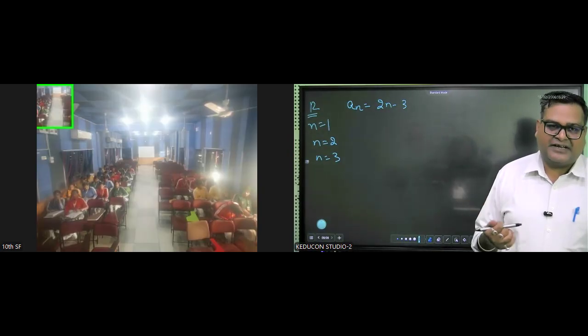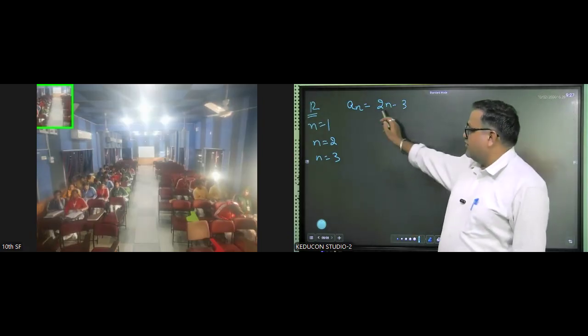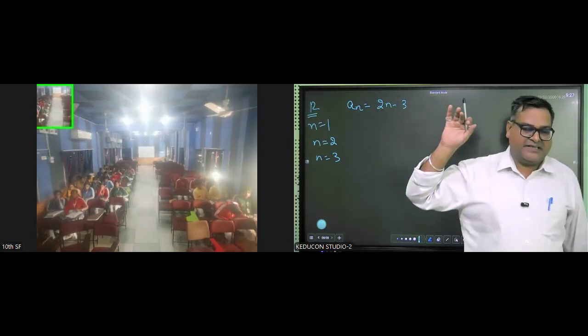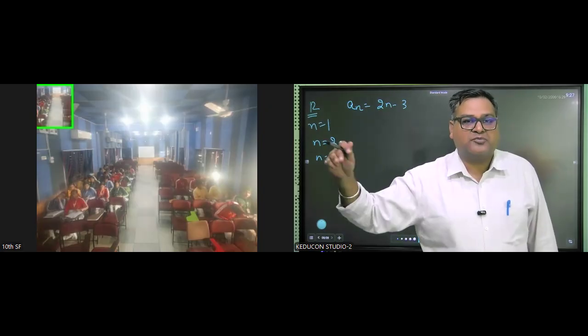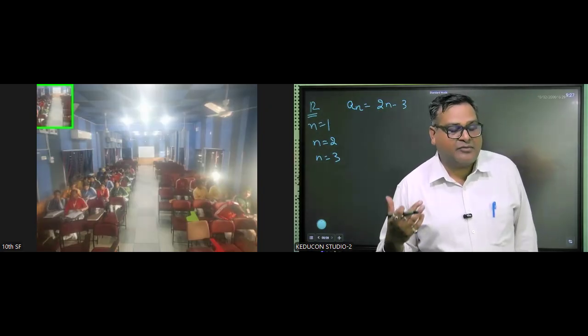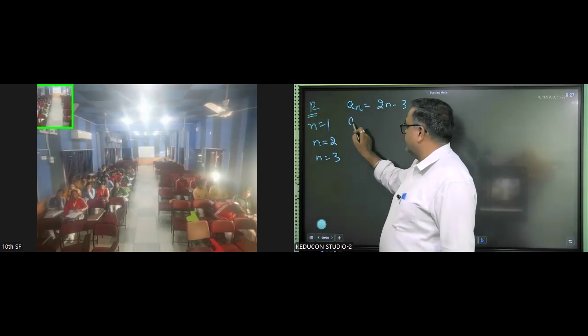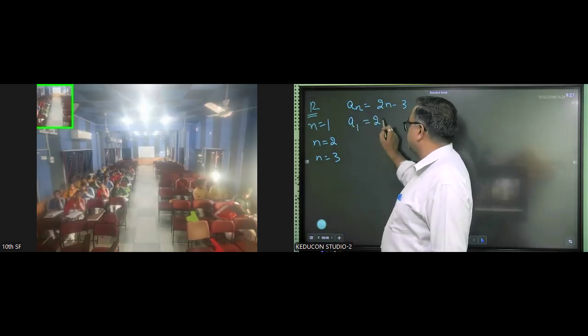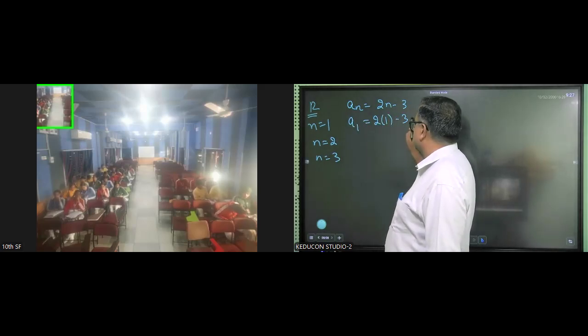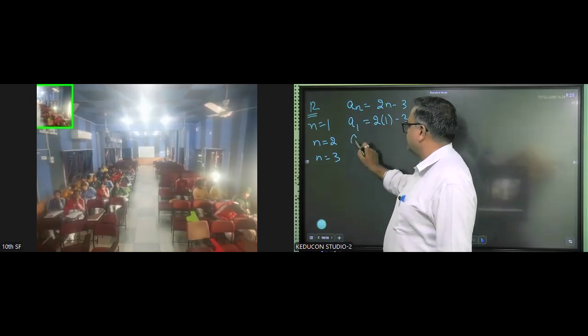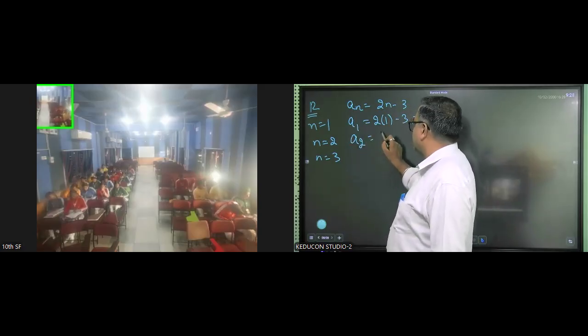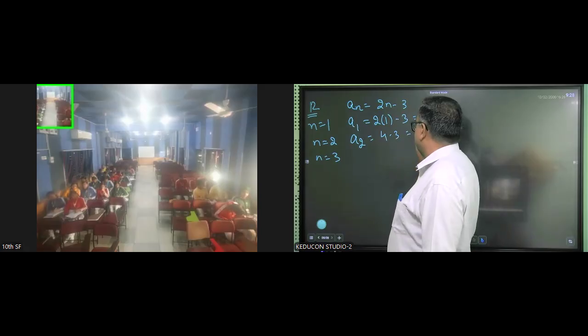What is the meaning of nth term? Whether we replace n with 1, 2, 3, 10, 20, anything, it should be that term of the AP. Replacing with 1, this will become minus 1. Replacing with 2, 2 twos are 4, minus 3 plus 1.